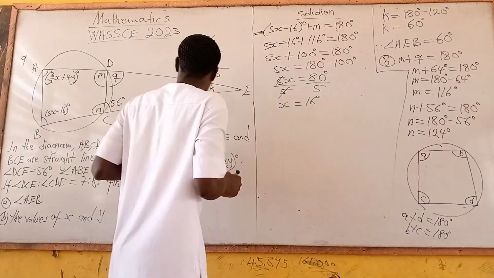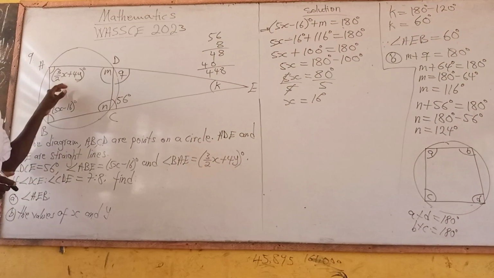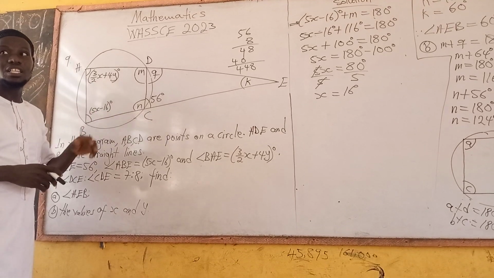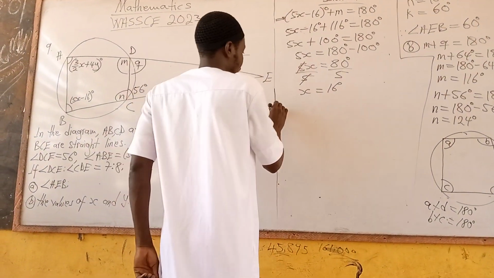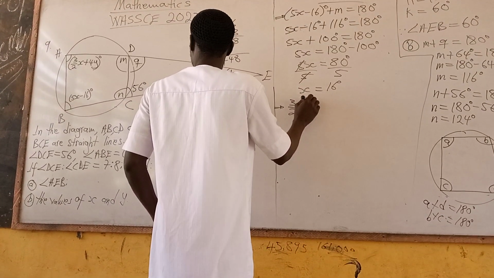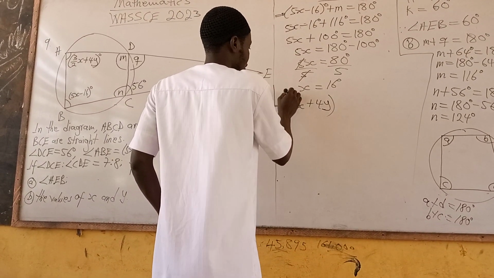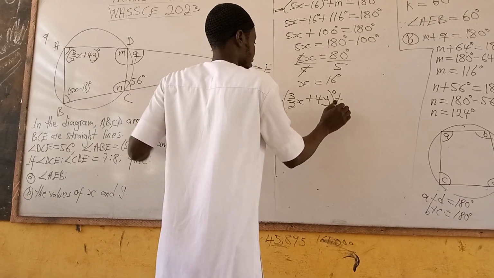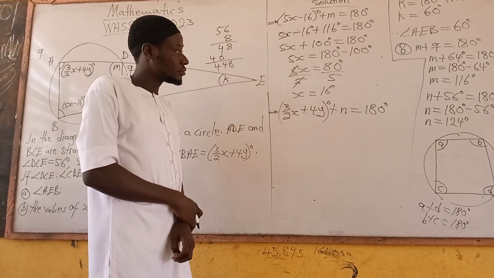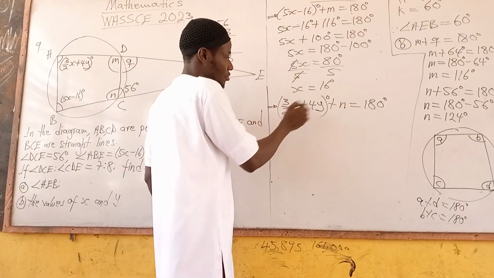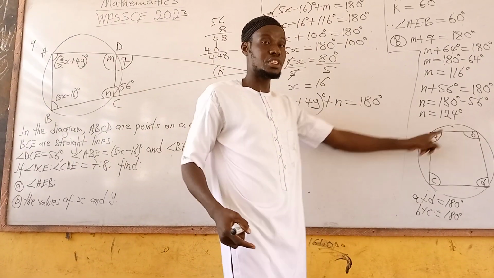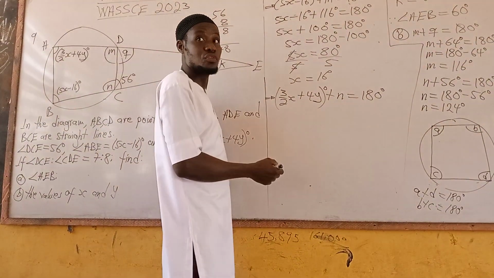Now, you come and find the other variable, which is y, by using that same property. So it implies if we pick 3 divided by 2 x plus 4y degrees plus our N, it should be equal to 180 degrees. We have found our N to be 124 degrees. So in place of N, put 124 degrees.